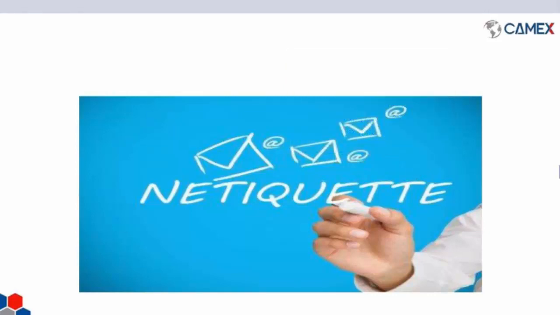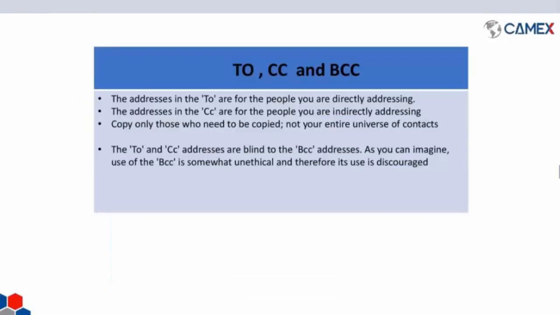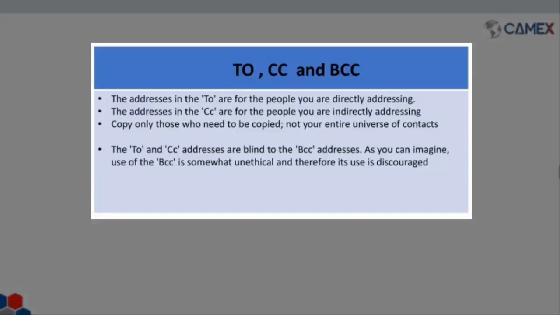Let's start with the first rule: the use of the To, the CC, and the BCC. In the case of the To, normally in the email it says From, meaning, for example, myself, the sender.